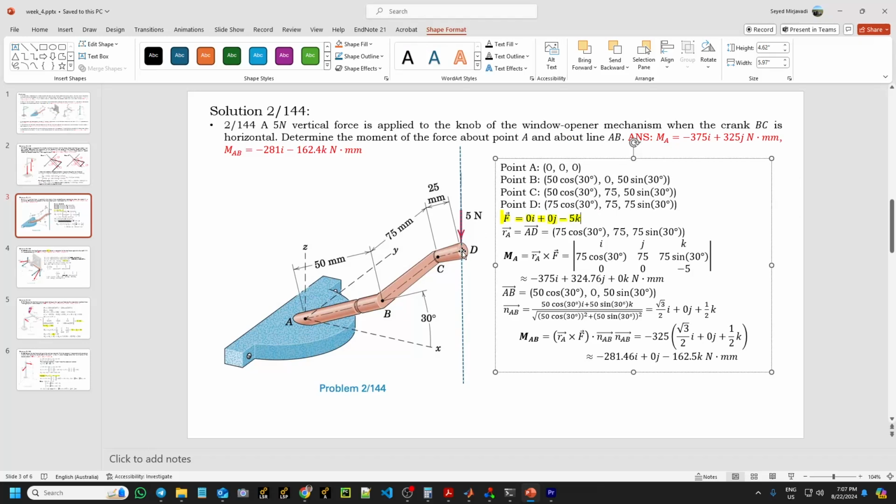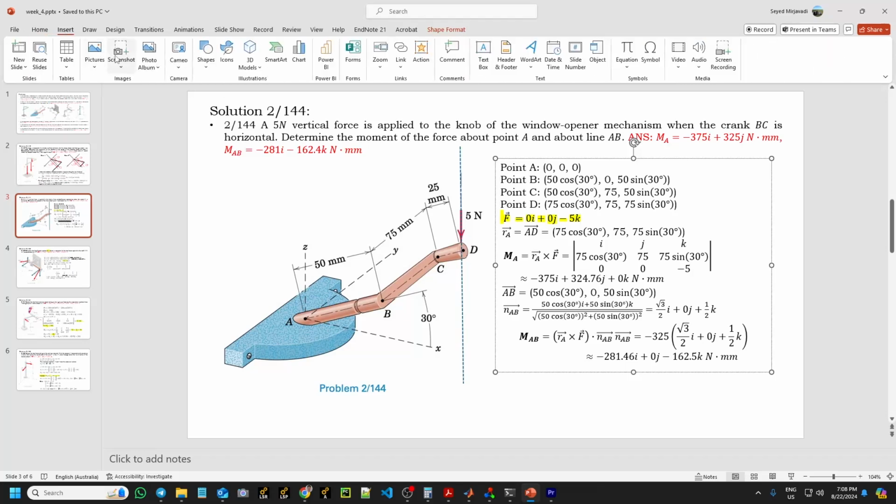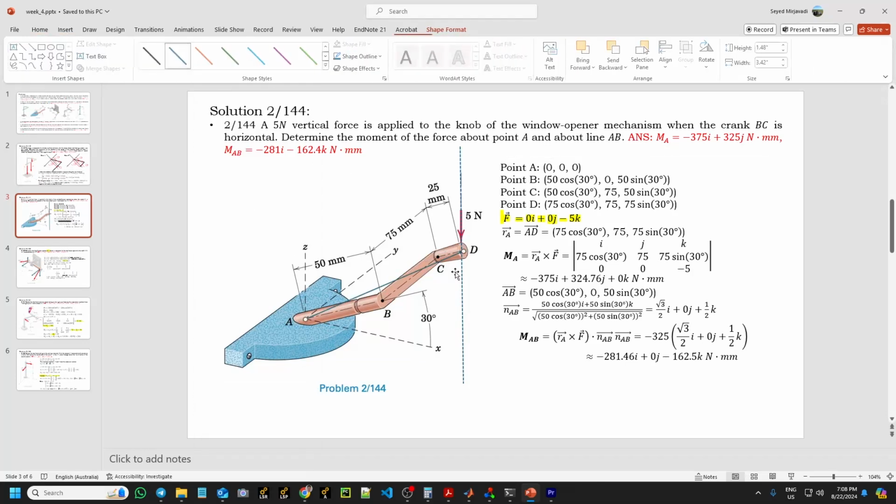Now we need to find the coordinates of the point O, because we need to find the position vector of this force. So how can you find this? There is one way. This vector is a sum of AB plus BC plus CD.